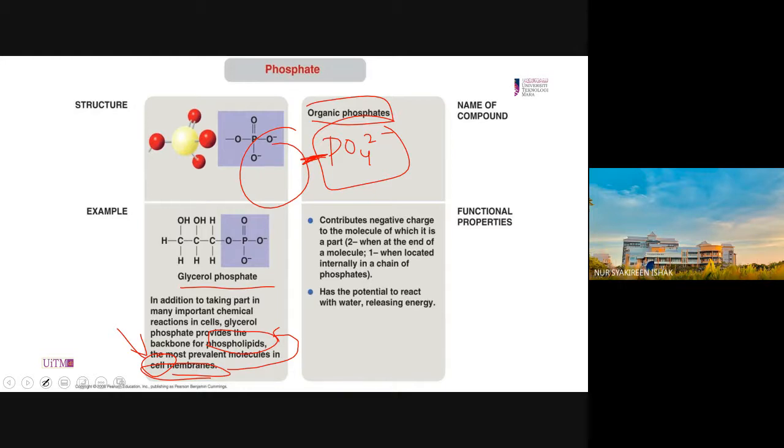Originally, if you look at this molecule, PO4 2 negative, it was in the OH form. The OH is the original. But obviously these are molecules that are found in your body, for example, and your body is in an aqueous condition.